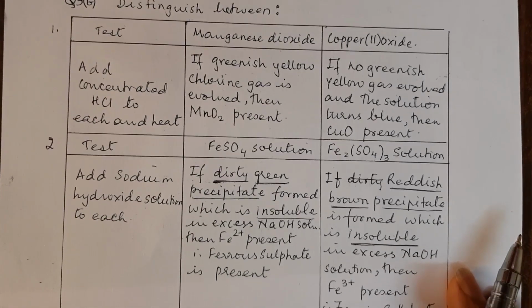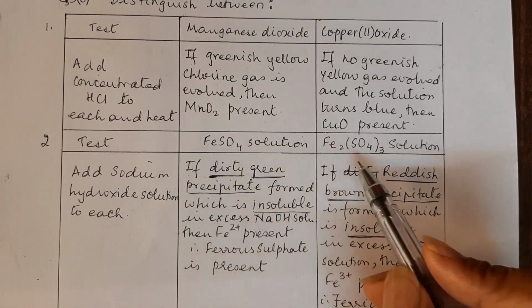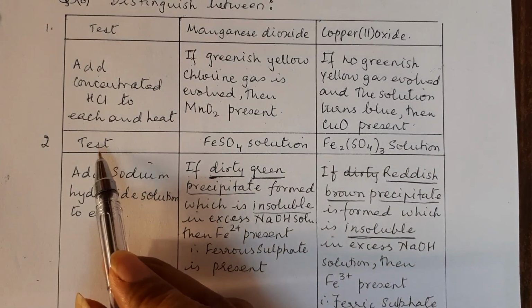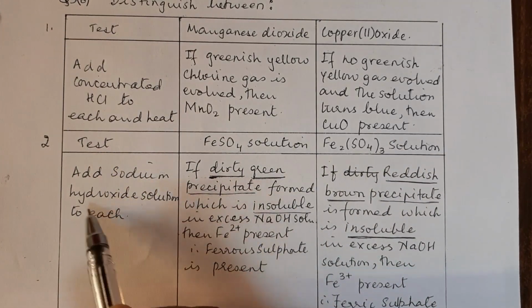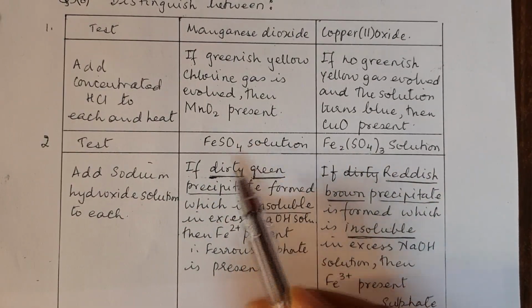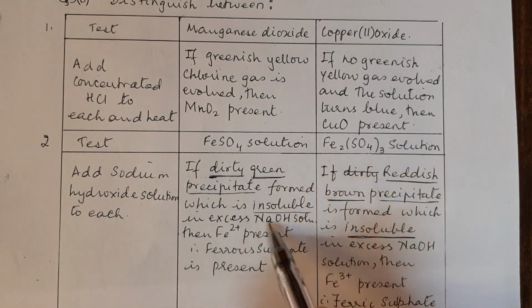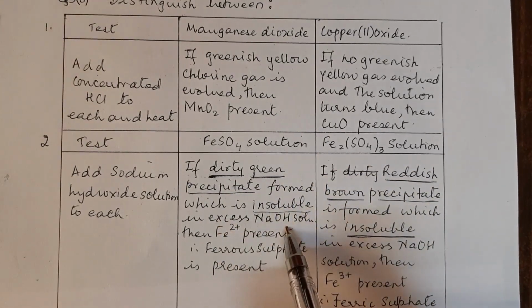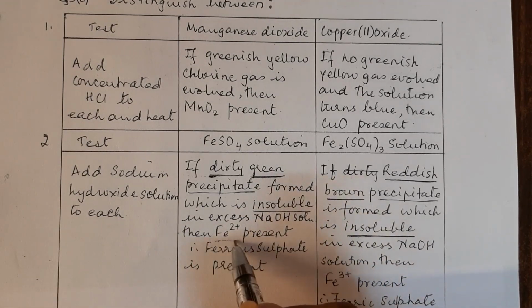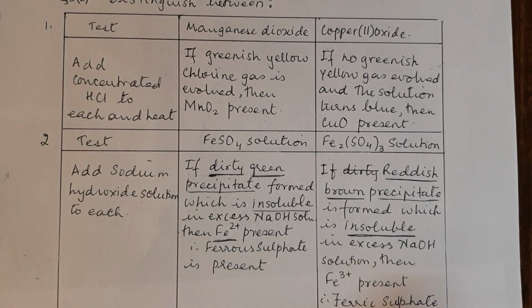Come to the second part. The second part is ferrous sulfate solution and ferric sulfate solution, and we have to use the test of adding sodium hydroxide solution to each. With FeSO4, it's ferrous, so you will have a dirty green precipitate form that will be insoluble in excess of NaOH solution, and in that case we will write Fe2+ is present, and therefore ferrous sulfate solution is present.